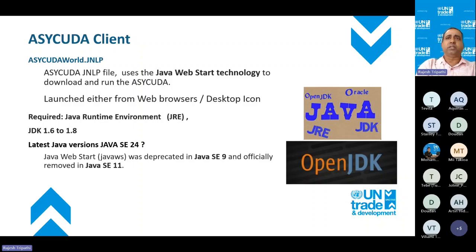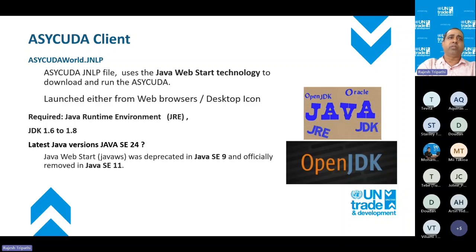So during this transition, there were some libraries which were deprecated from the newer version of Java. So as I say, Java Web Start technology, the JNLP technology, is required for ASYCUDA to run, which is deprecated in the later versions of Java libraries.